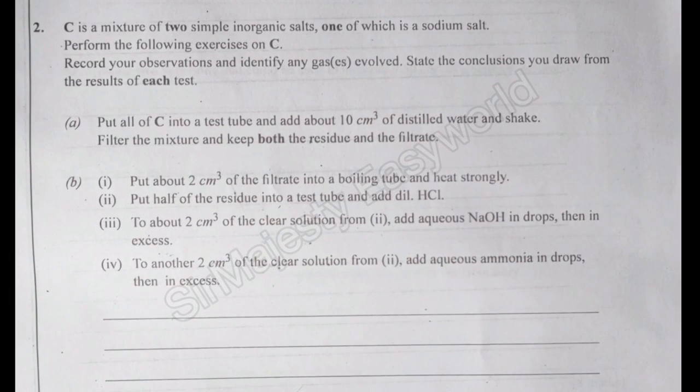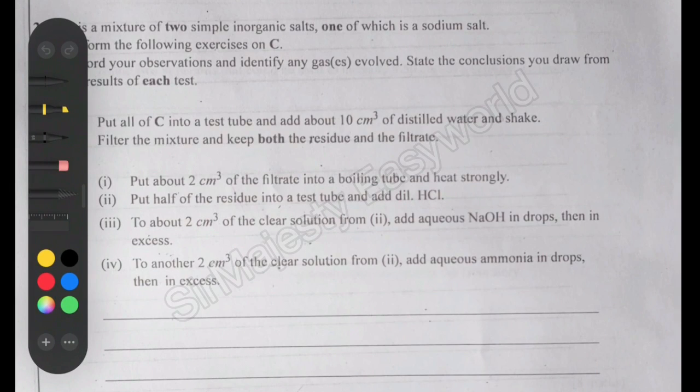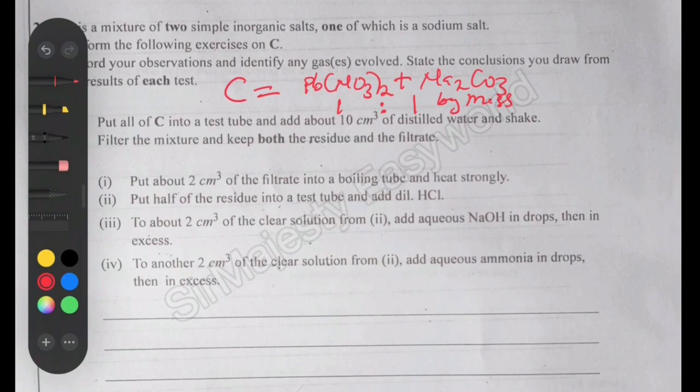Okay, after everything, as usual, we'll make our table, but I want to remind us that from the instruction followers sent to me, they told us that C was a mixture equal by mass, not by mole, of lead 2 trioxonitrate 5 and sodium trioxocarbonate 4. Remember, they are in the ratio of 1:1 by mass, not by mole.